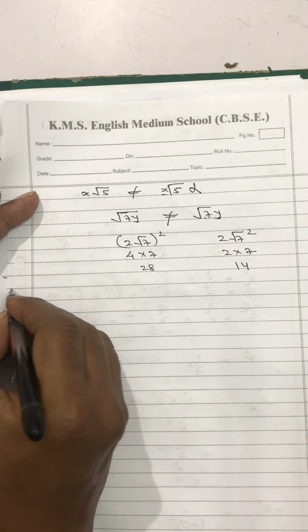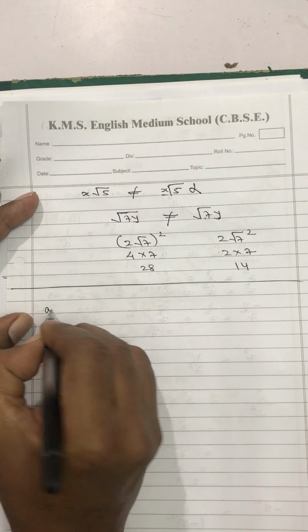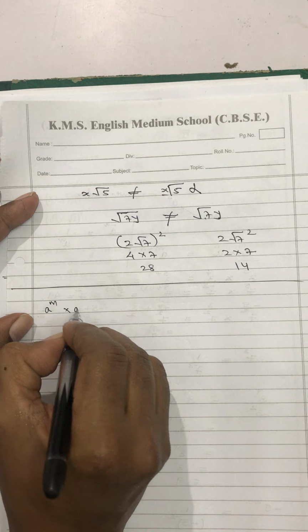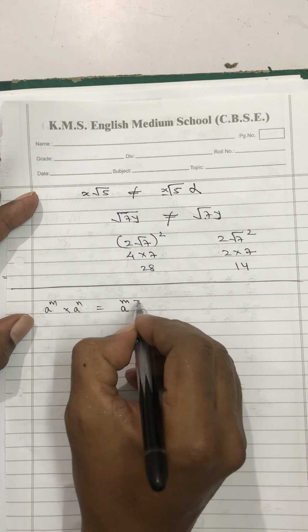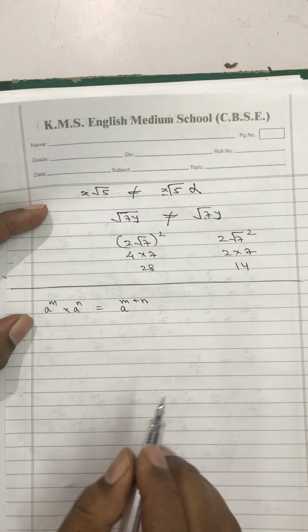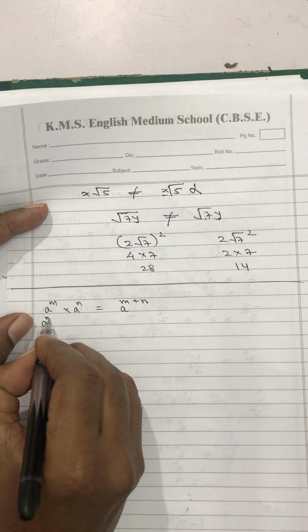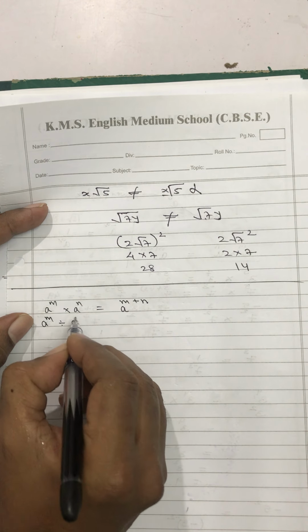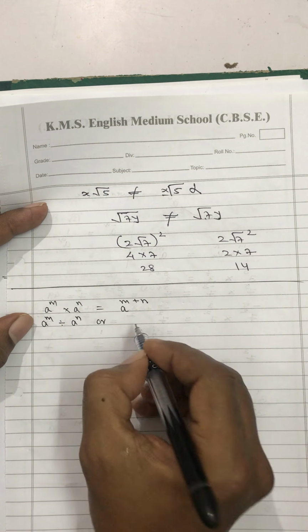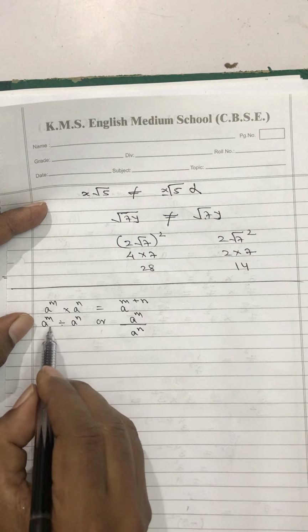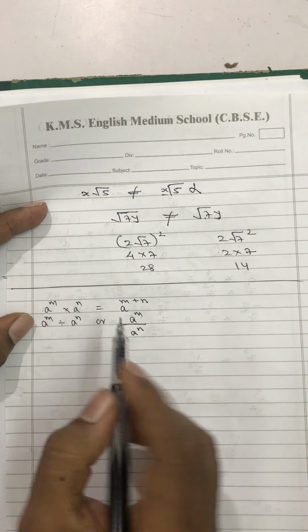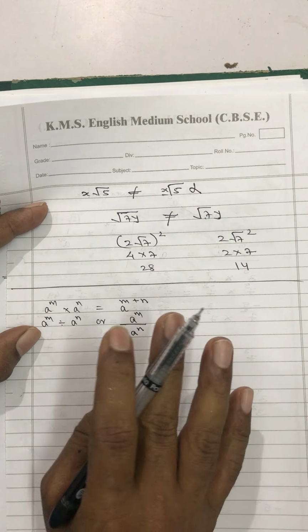Up to now we have understood when equal bases multiply, then you copy the base once and the powers add up. And similarly, when equal bases divide, you can write it in any form, a raised to the power of m upon a raised to the power of n. They can be written in this form, actual division sign, or they can be written in fraction form.